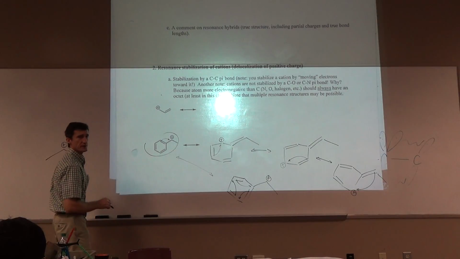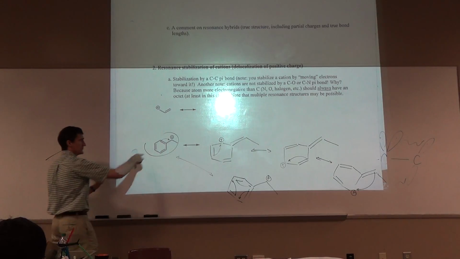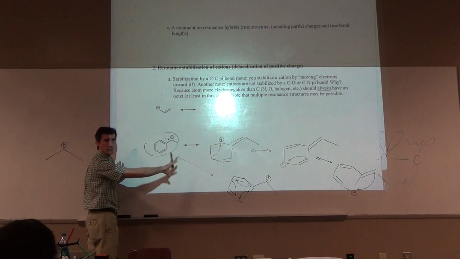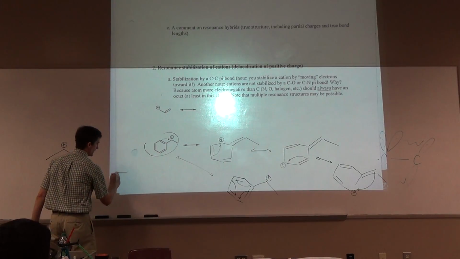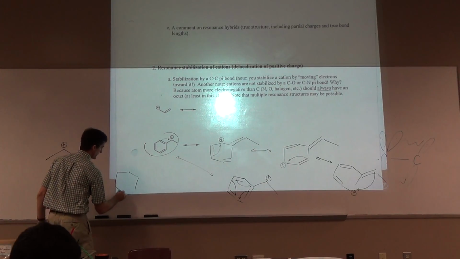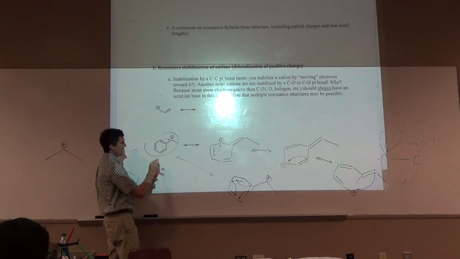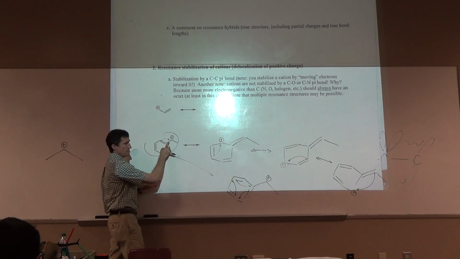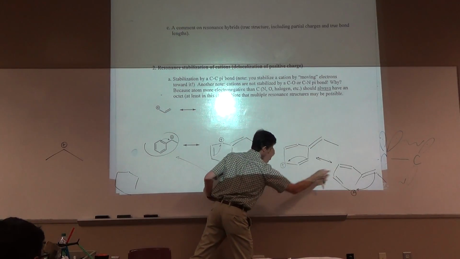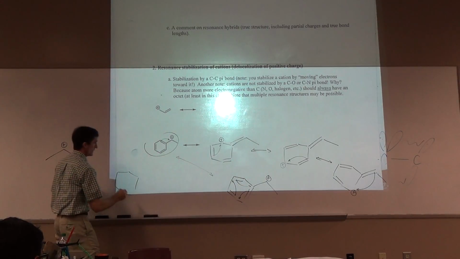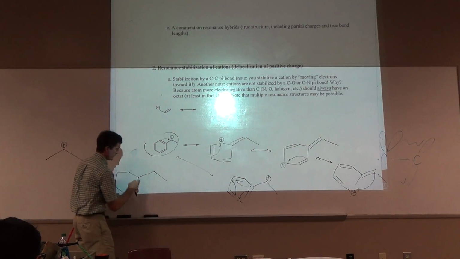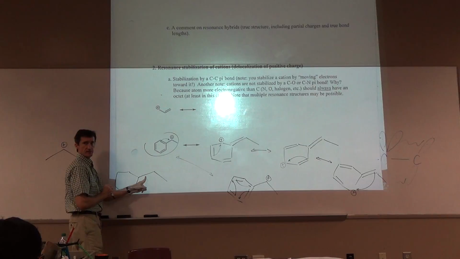What's the true structure of this? Is this the true structure, or is it a hybrid that includes all of it? The true structure is, what do we have between here and here? Single bond? Double, double, double, single? So what do we have actually between here? Is this really just a single, or is it more, some more double bond character?